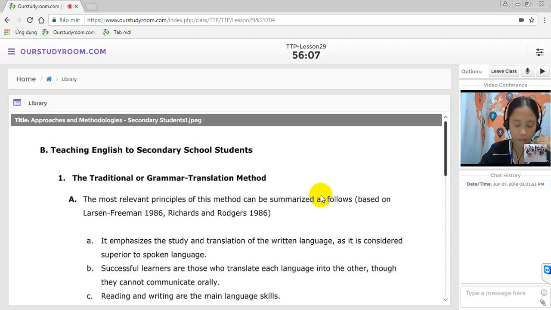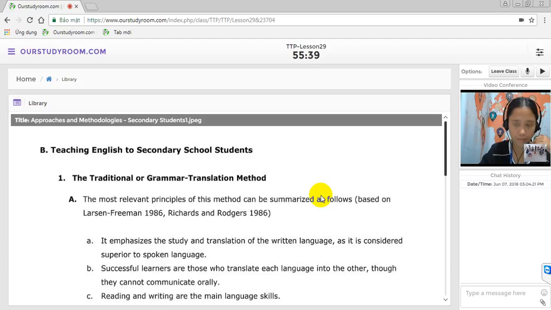The principle of this method can be summarized as follows. Based on Richards and Rodgers, 1986: it emphasizes the study and translation of the written language, as it is considered superior to spoken language.